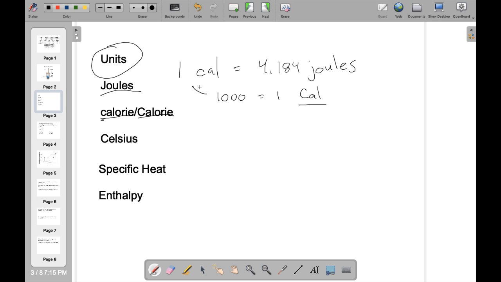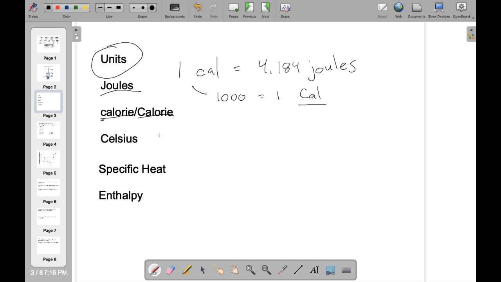Basically, one of these small calories is enough energy to heat 1 gram of water 1 degree Celsius. That's the definition of a calorie. So I guess one food calorie is 1,000 times that amount of energy. So next time someone asks you what a calorie really means, you can tell them.